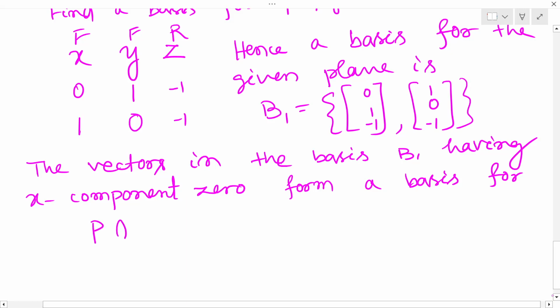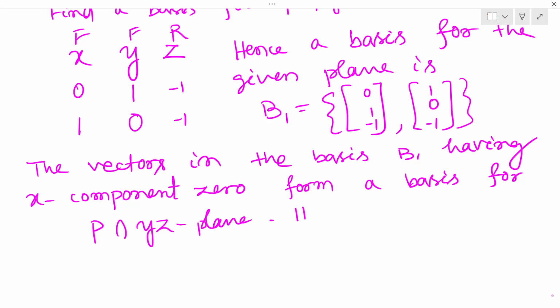P intersection YZ plane. So what is the basis for this? Hence, what are the vectors in the basis? Which vector constitutes it? Its x component is 0. In which vector is the x component 0?